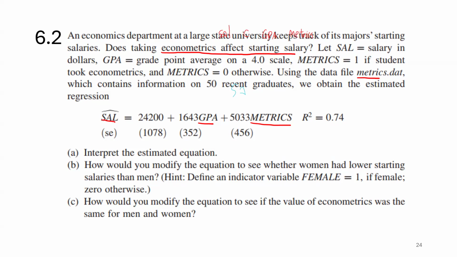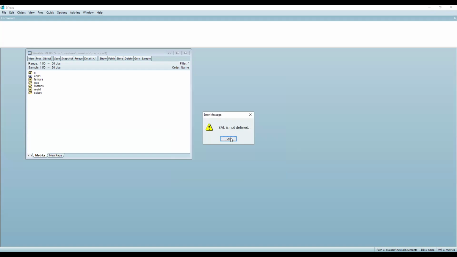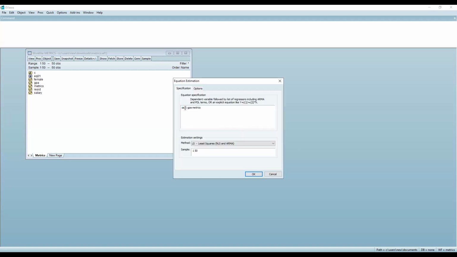Salary, C, GPA, metrics. Salary, you have to write in full, because the variable name here is salary, not SAL.